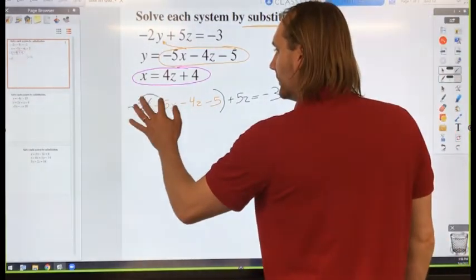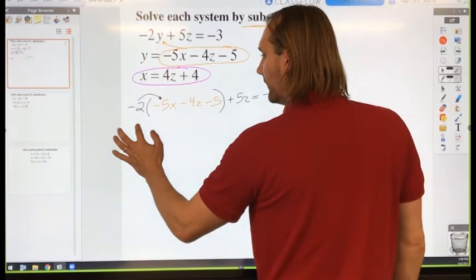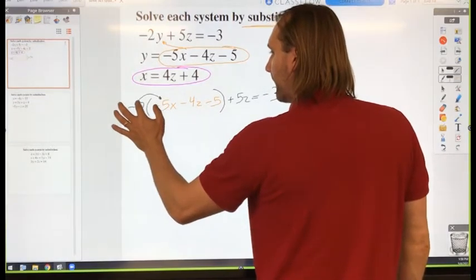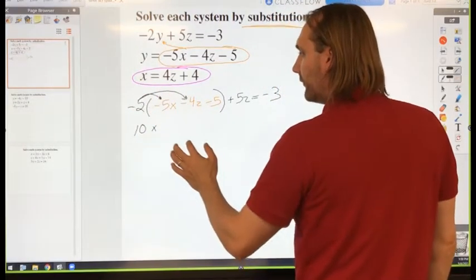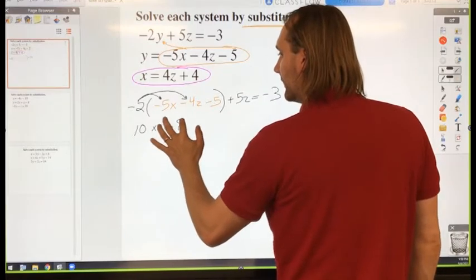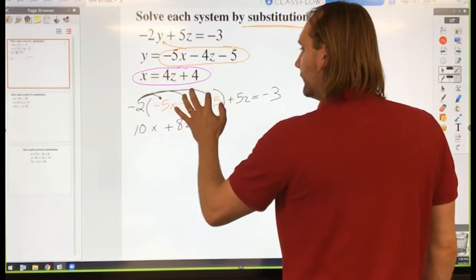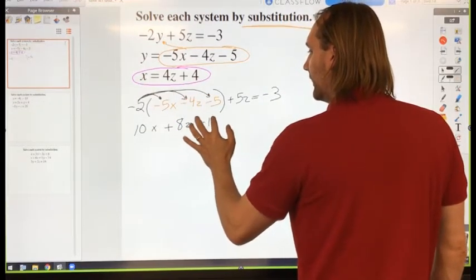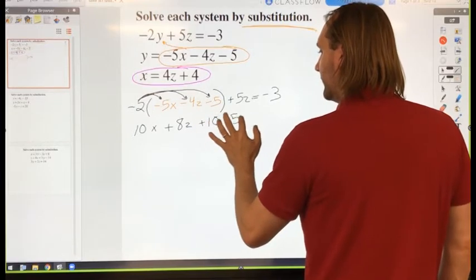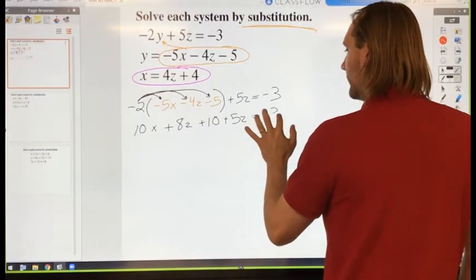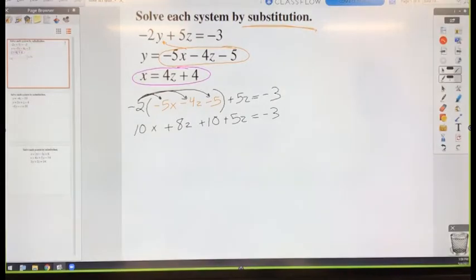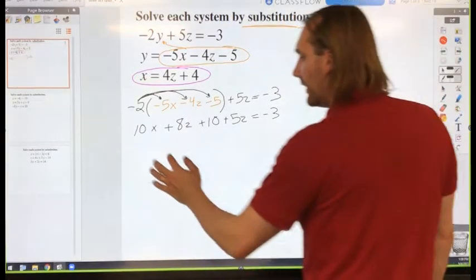So let's distribute. Negative 2 times negative 5x is a 10x. Negative 2 times negative 4z is a plus 8z. And then negative 2 times negative 5 is a plus 10, plus 5z equals negative 3. Let's combine our like terms. I have a 10x.